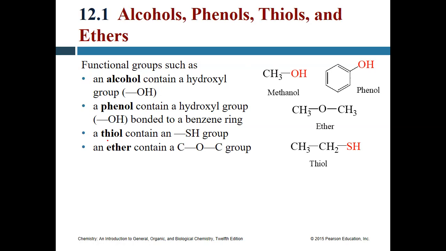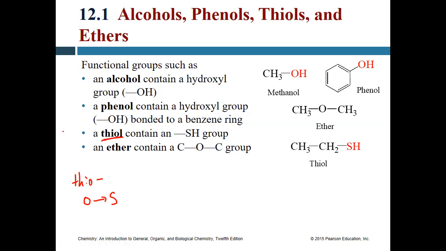Closely related to alcohols are what are known as thiols. A little bit of prefix mania here. The prefix thio can be applied to a number of different chemical compounds. What we see is that in a thio, we're going to turn an oxygen into a sulfur.